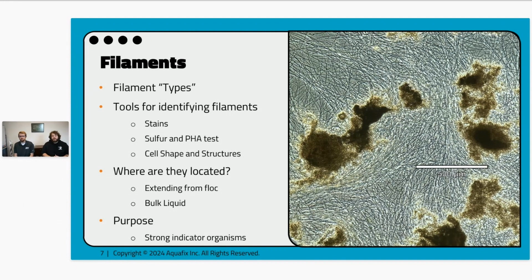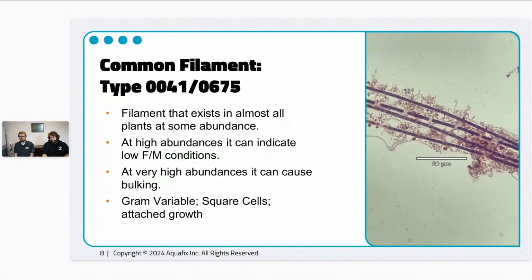These are all filaments that you can identify and know what's happening in your plant, and make small process changes and improvements, correct course, and prevent these filaments from getting to an abundance like what we're seeing in this image. And that's ideal, because if you get to this point, your plant is generally just not functioning how it's intended to.